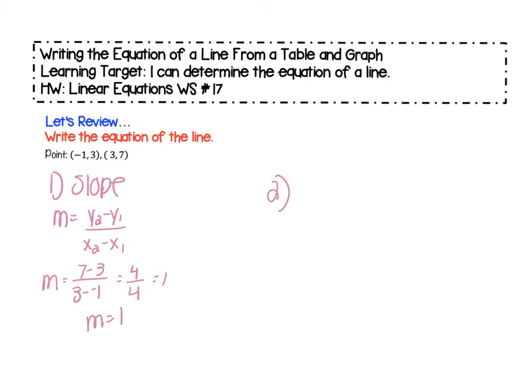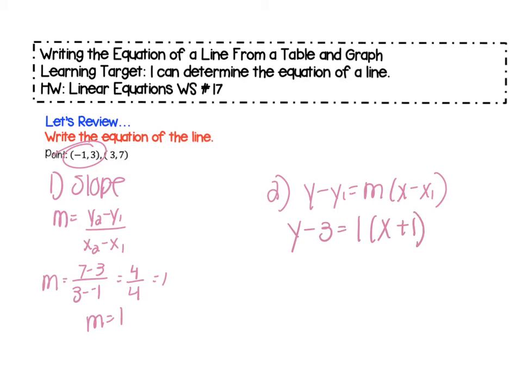Then I'm going to write my equation, remember, and I'm going to start with my point slope form. So I'm going to start with y minus y1 equals m times x minus x1. Here we're going to just still use -1, 3 as our x1, y1. So I get y minus 3 equals 1 times x minus -1, which will become x plus 1.